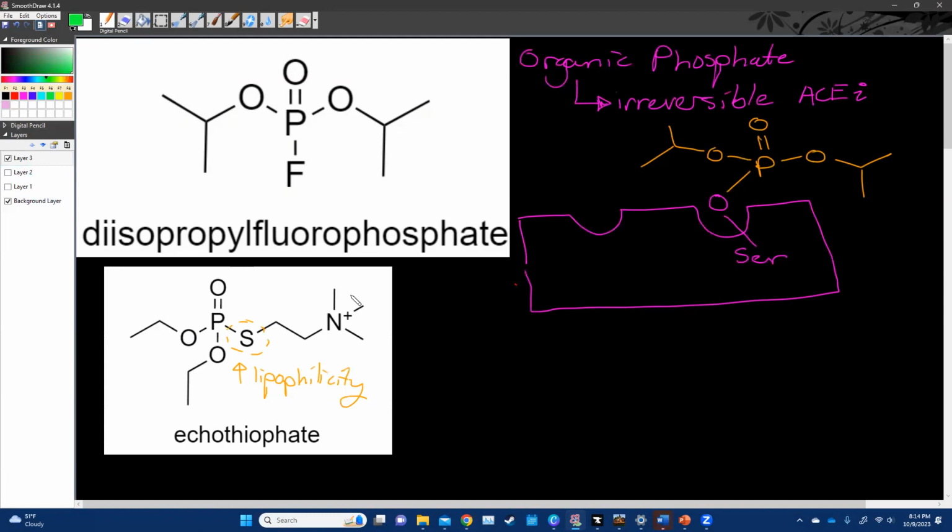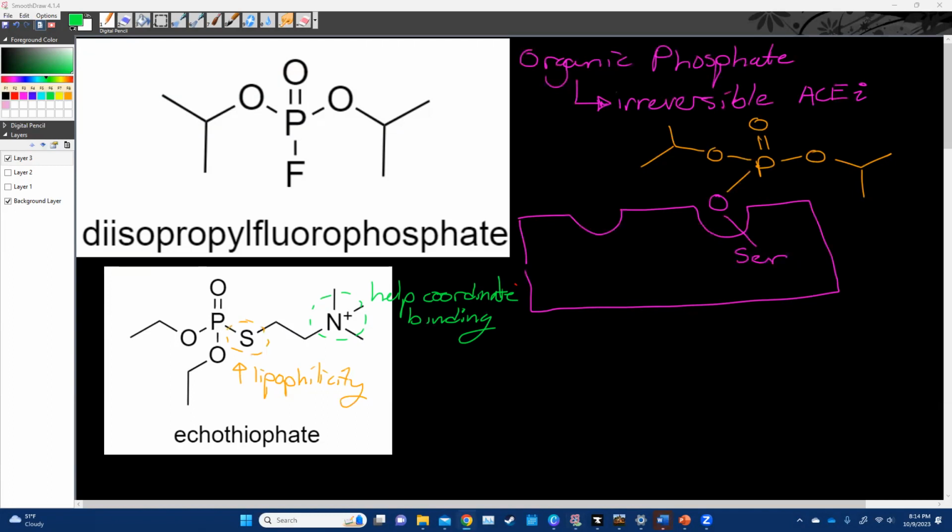Our quaternary ammonium here is going to help coordinate binding. And so what you end up with is a very, very, very potent poison. And so part of the use of ecothiopate was you would just release it as a gas into the air. It would bind irreversibly and it would kill people.